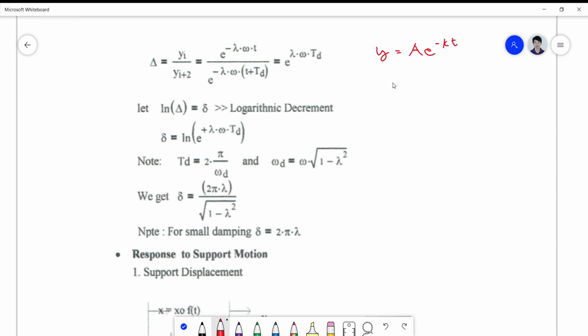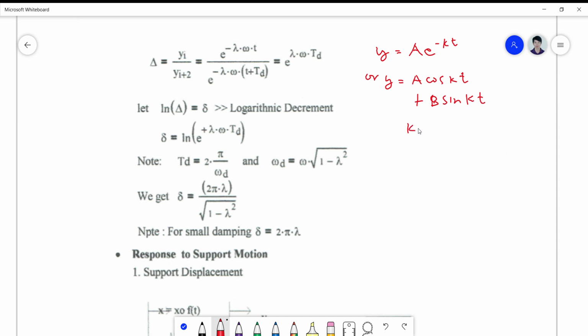Or we can make use of a trigonometric function, cosine kt plus B sine kt.